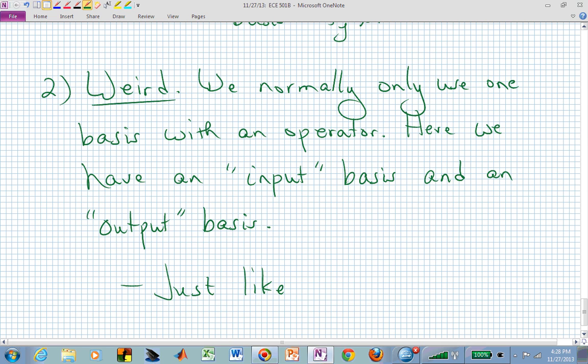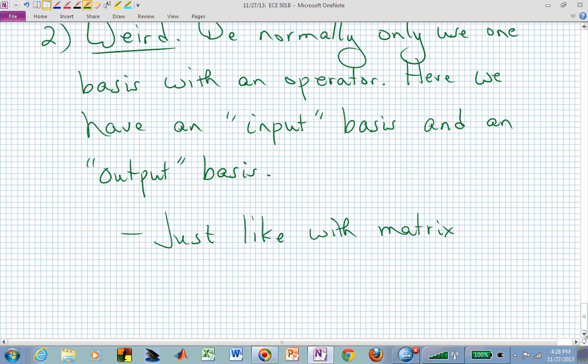So this is just like with a matrix representation of a map. We have the input space and the output space. This is just like with the matrix representation of any linear map.